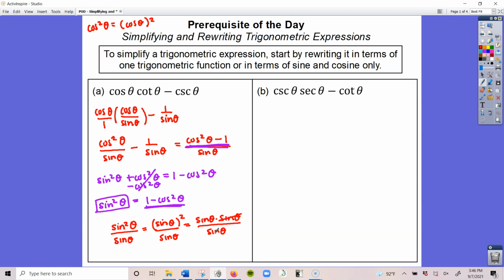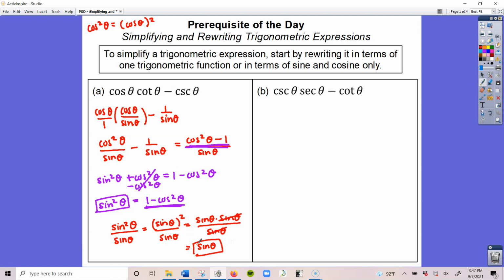So I can cancel one of these sines, and the only thing that's left is sine theta in the numerator over 1, which is just sine theta. So I took this expression, and now it is just equal to sine of theta.